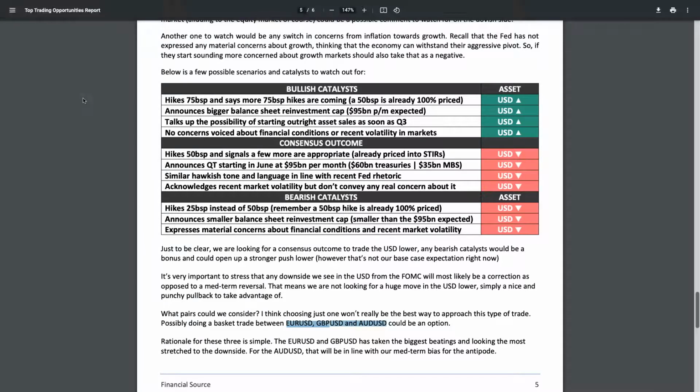The risk to that trade is what's happening in China. So don't forget that China's economy has a strong impact on Australia's economy. In other words, when China's doing well, Australia's doing well. When China's doing badly, the Australian dollar tends to do badly. And the problem in China at the moment is their zero COVID policy, which means that you get a handful of cases and they lock down a city. So that really drags on growth.